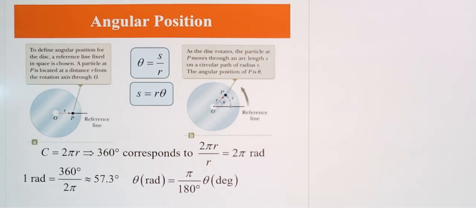A particle at point B is located at a distance r from the rotation axis through a point O. Let me summarize a lot of slides in this chapter as the following.